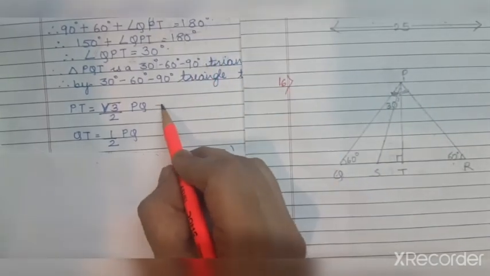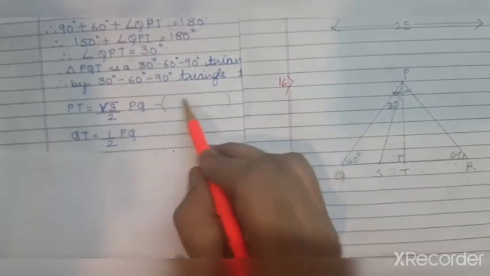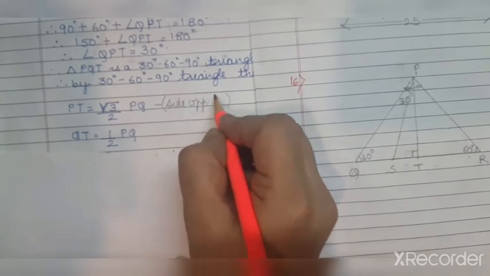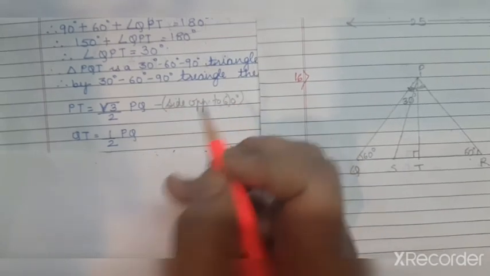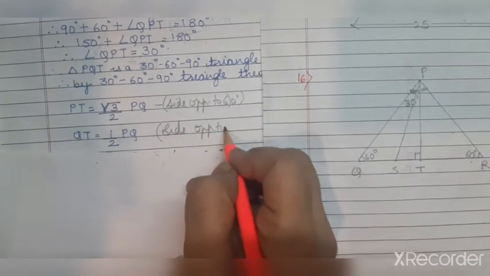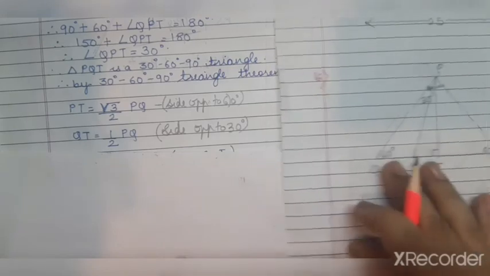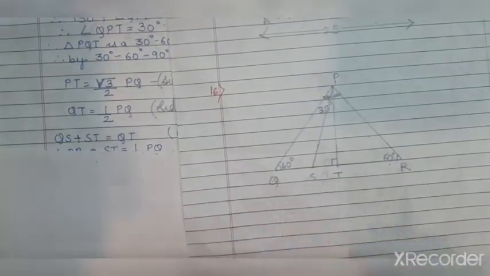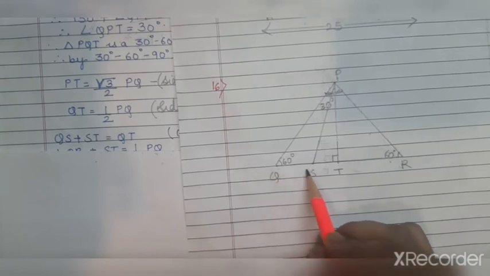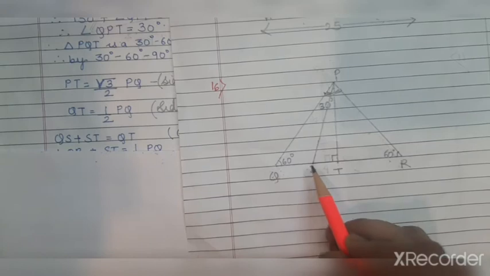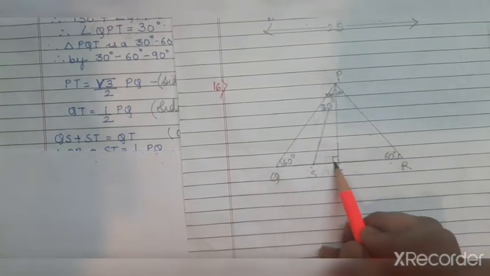Side opposite to 30 and side opposite to 60 degree. Here in reason you can write side opposite to 60 degree, and here you can write side opposite to 30 degree. You can mention that. After that, as I told you, we have only one information, that QS is 1/3 of QR. So we'll write QS plus ST is QT.